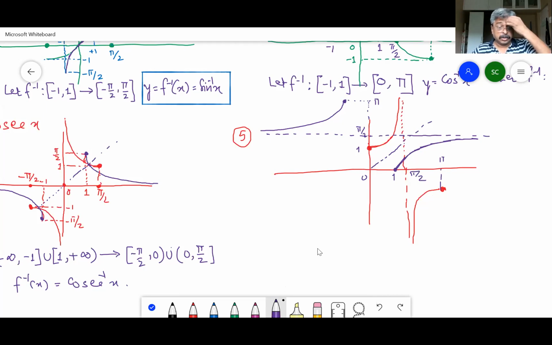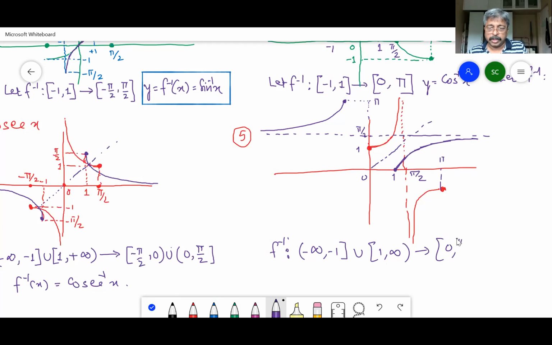What is the domain? So f inverse is defined from minus infinity to minus 1 closed interval union 1 to plus infinity, to 0 to pi by 2 open union pi by 2 to pi closed.